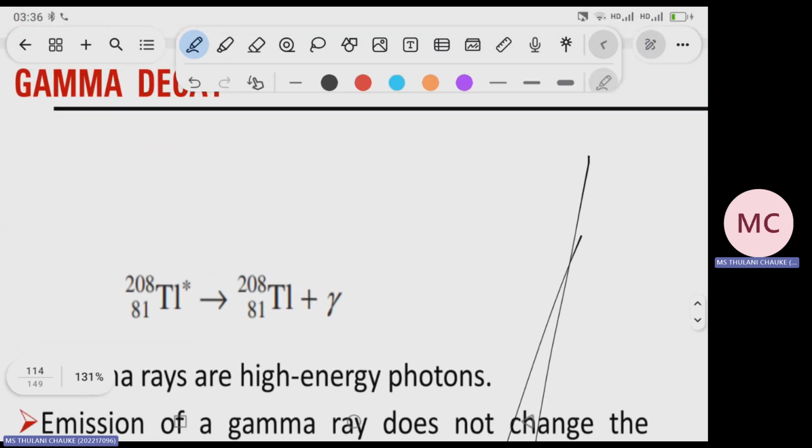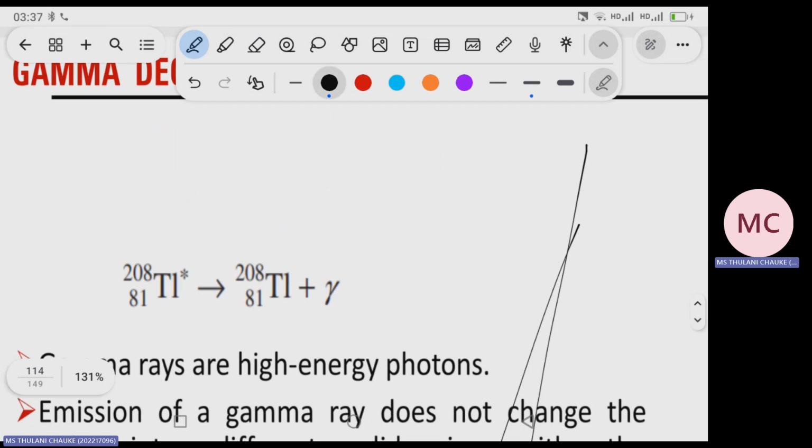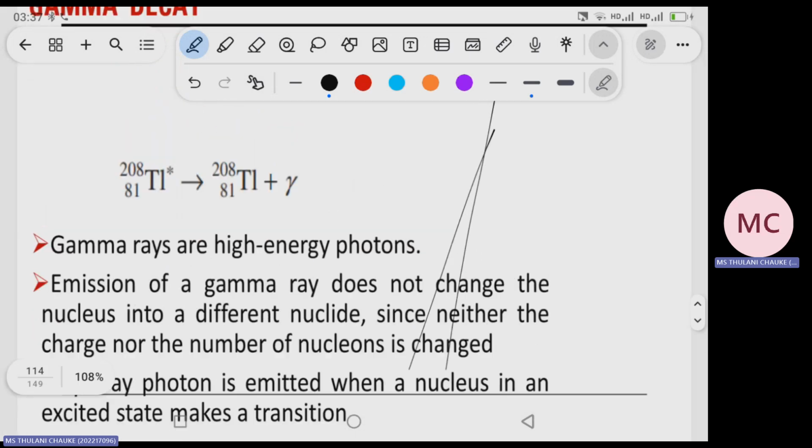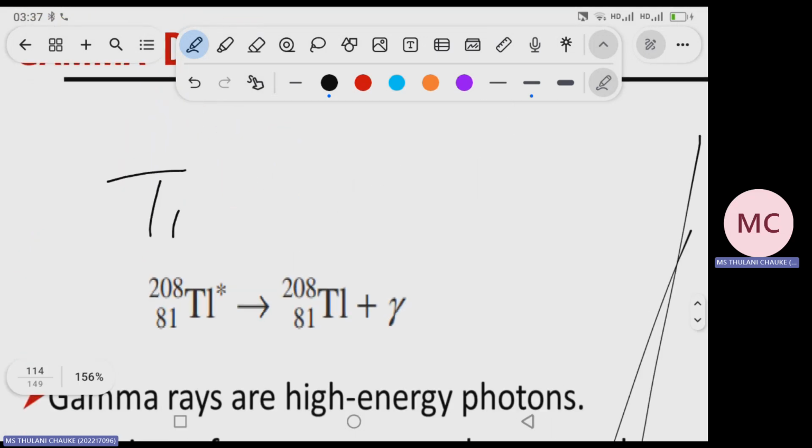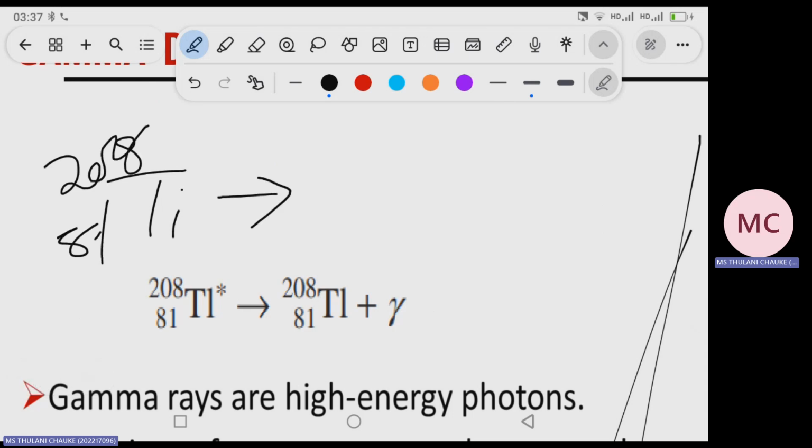So this is an example for gamma decay. We have got this element, I think it's titanium, something like that. So it's Ti with the mass number 208 and the proton number is 81. The number of neutrons will be the same.